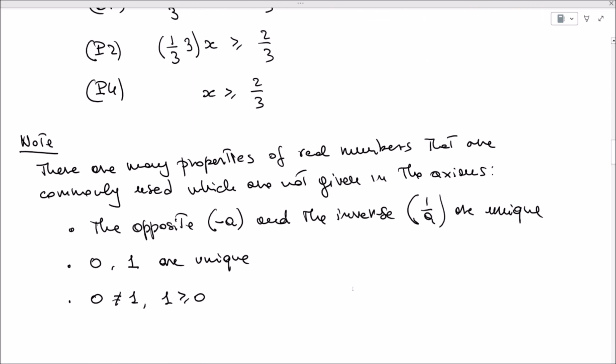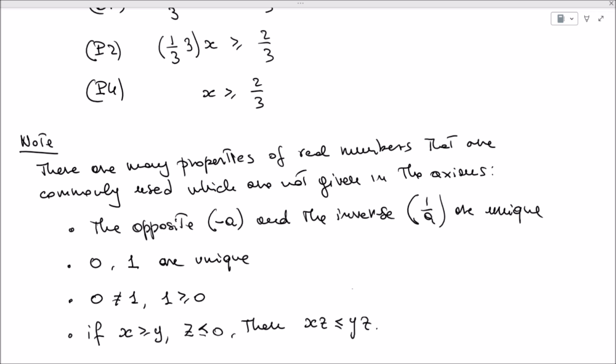And finally, another very useful property is that if x is larger than or equal to y and z is less than or equal to 0, then the sign of the inequality changes when we do the product: xz is less than or equal to yz.